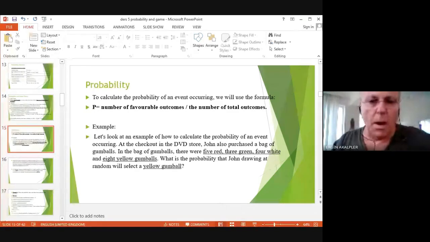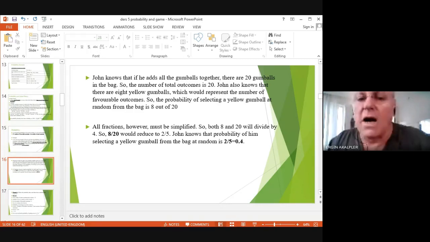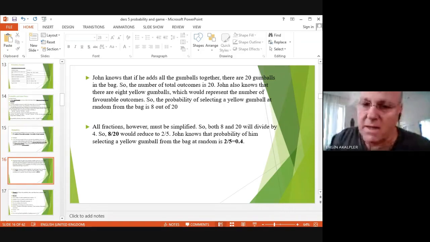You see here the probability is given, John's possible probability in this scenario. He adds all the gumballs together, which is 20 gumballs, so in the bag there are of course 20 balls. The number of total outcomes is supposed to be 20.